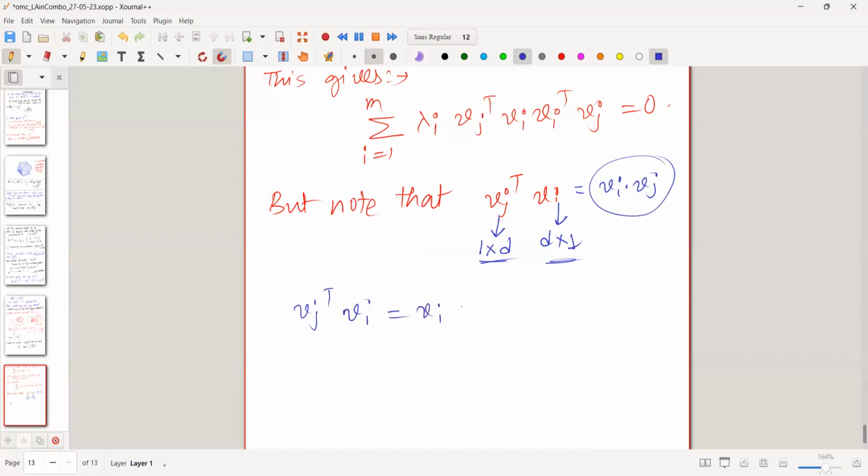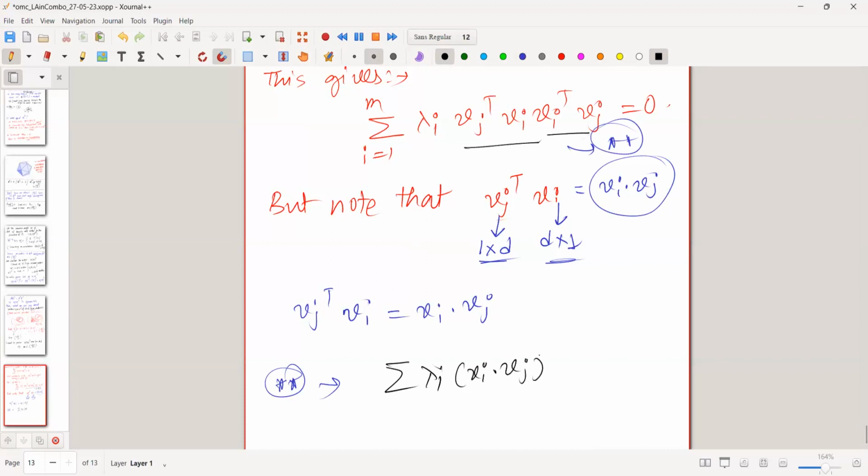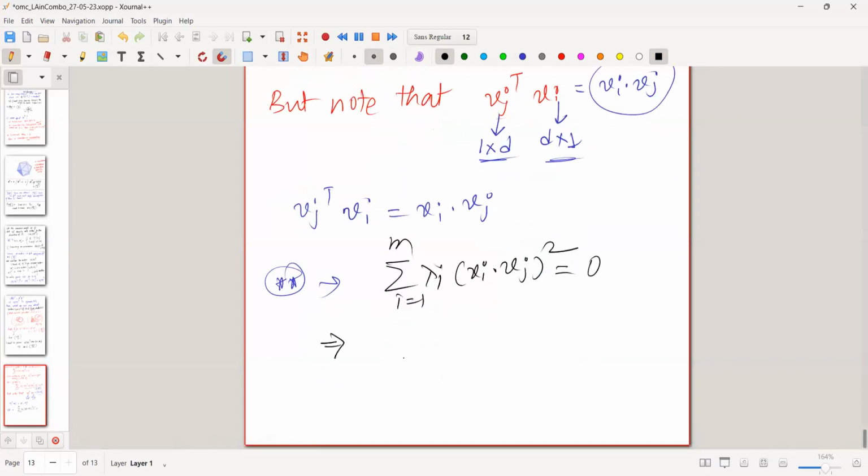So vj transpose vi, when multiplied as matrices, equals a 1 cross 1 matrix, which is just vi dot vj. Call this star star. Star star translates to the summation of lambda I times vi dot vj, so this gives me vi dot vj whole squared, sum from I equals 1 to m, equals 0.